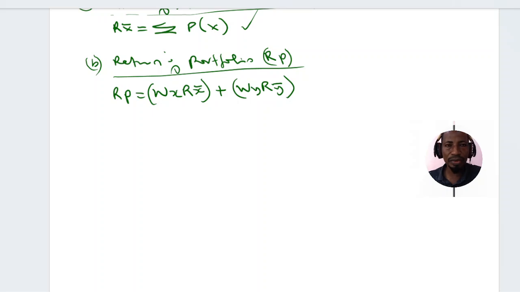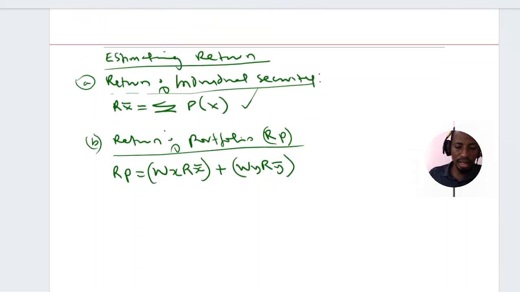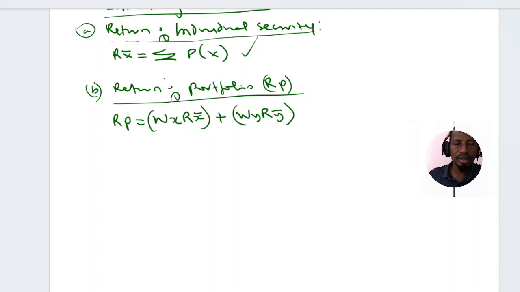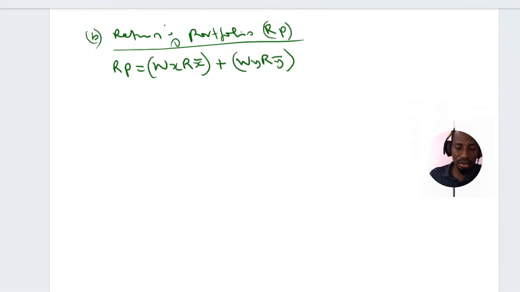We have positive correlation, negative correlation, and zero correlation. However, how do you estimate correlation coefficients?